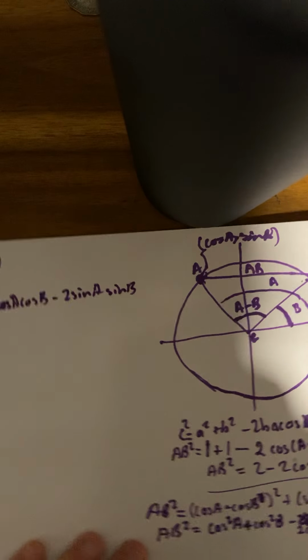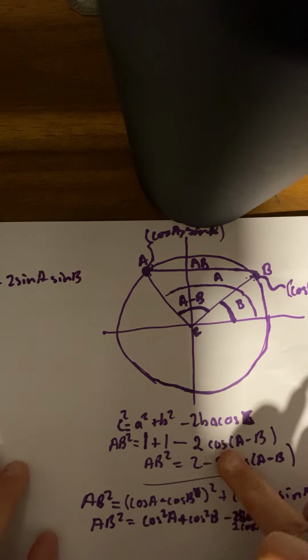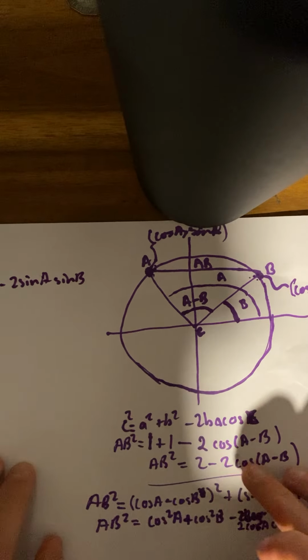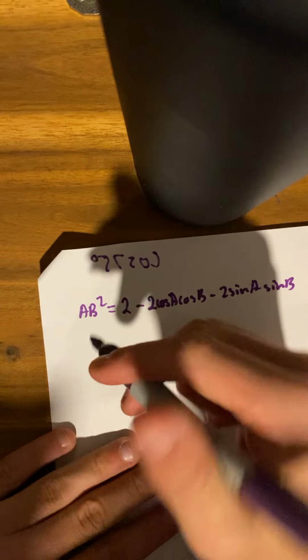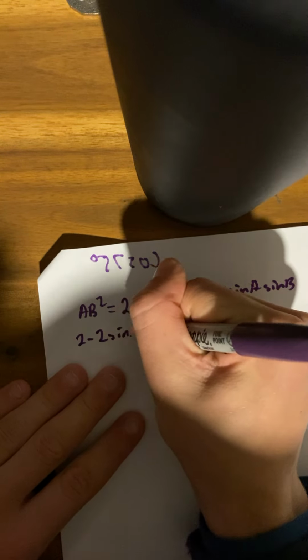And as you can see, we've also got here another expression for AB squared, so we're just going to equate them. So therefore 2 minus 2 sine A sine B minus 2 cos A cos B will equal 2 minus 2 cos(A minus B).